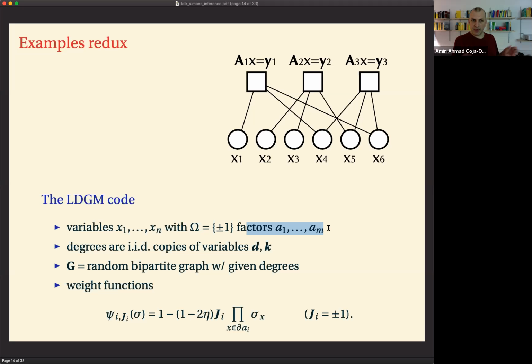So you can sometimes get some mileage out of choosing the degree sequences on both the variable side and on the factor node side diligently. One construction that is very convenient is if you prescribe distributions on the variable node side and on the factor node side, and then draw IID samples from these distributions. And then you generate a random bipartite graph with these particular degrees. And these weight functions down here encode both the parity checks and the noise level of your channel.